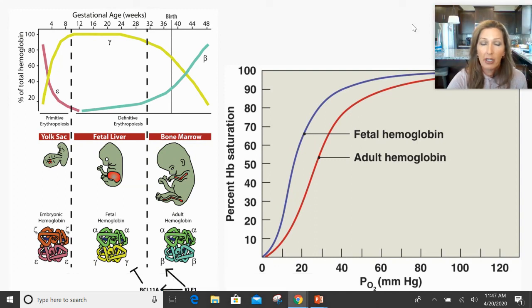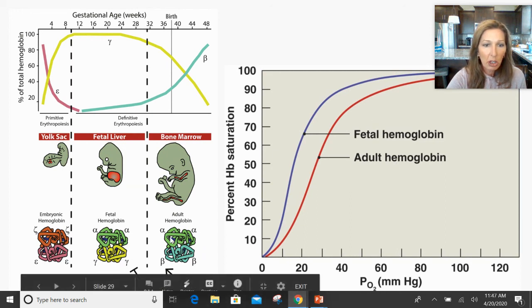So hemoglobin, we did talk about the fact that your fetal hemoglobin and your adult hemoglobin is different. Adult hemoglobin actually has the alpha chain and the beta chain. So this gives me my quaternary structure of a protein in order to transport oxygen. My fetal hemoglobin actually uses an alpha chain and then a different chain.